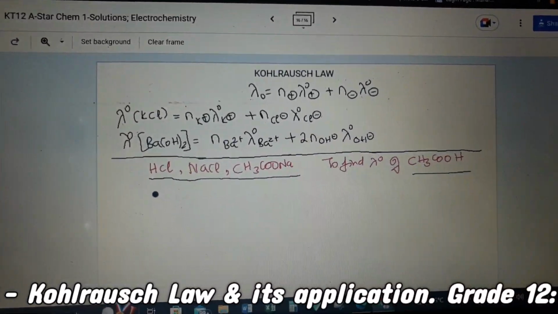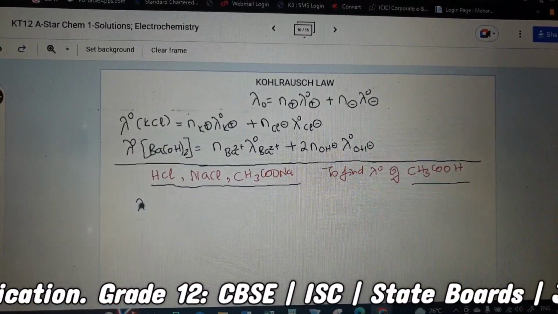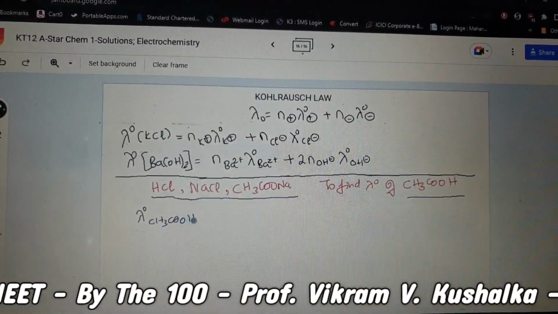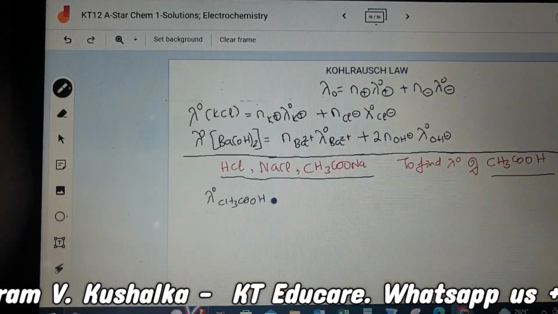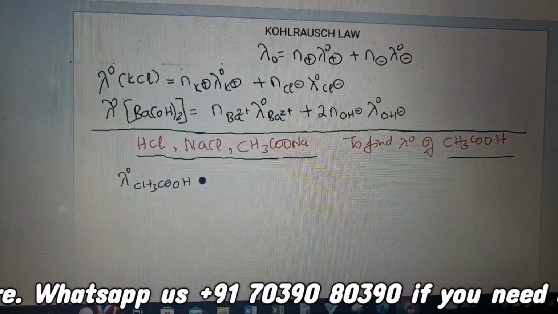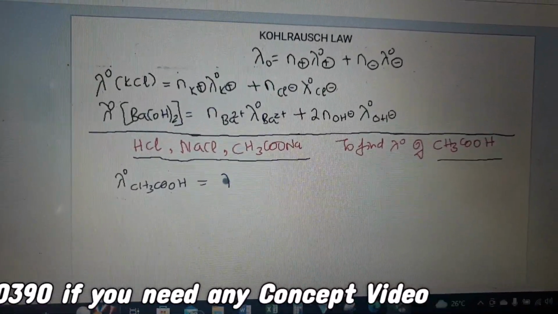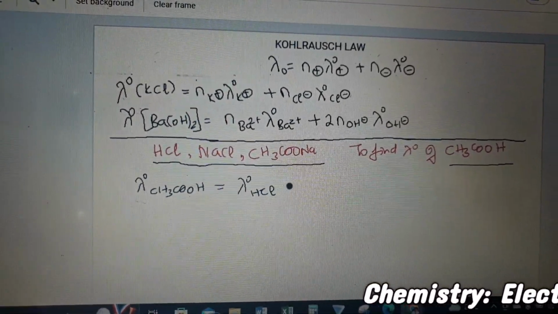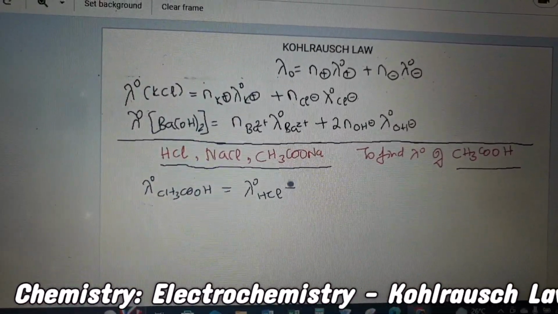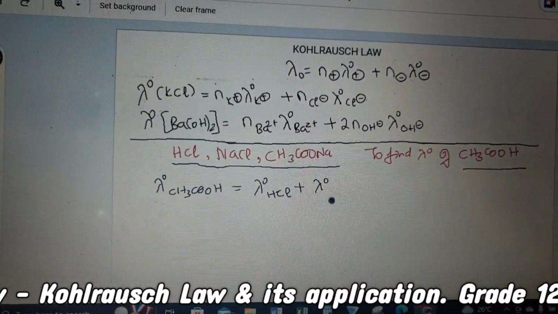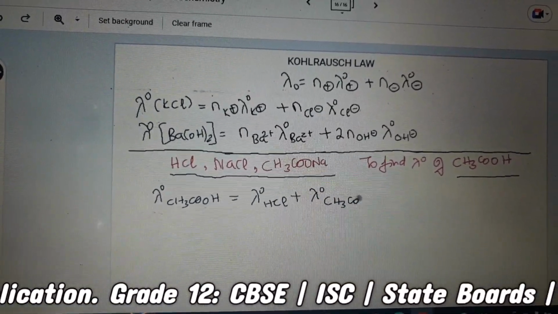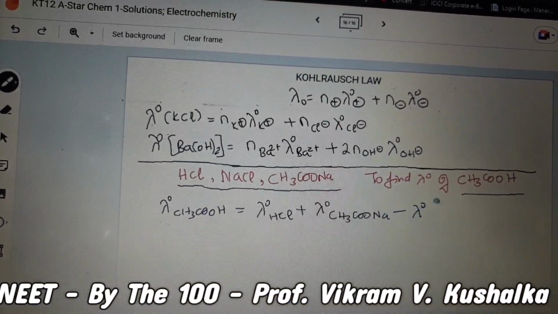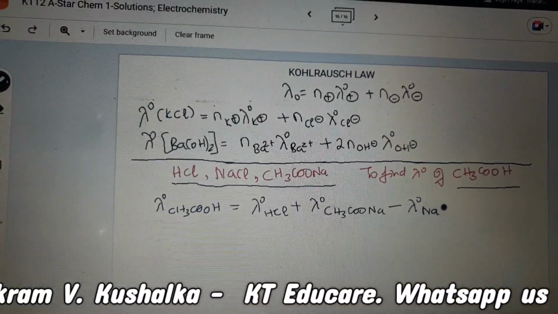So it seems very simple that to find out lambda naught of CH3COOH, what I am going to do is here. So I'll be taking up lambda naught of HCl, right, plus say lambda naught of CH3COONa, right, and from here I'll subtract lambda naught of NaCl.